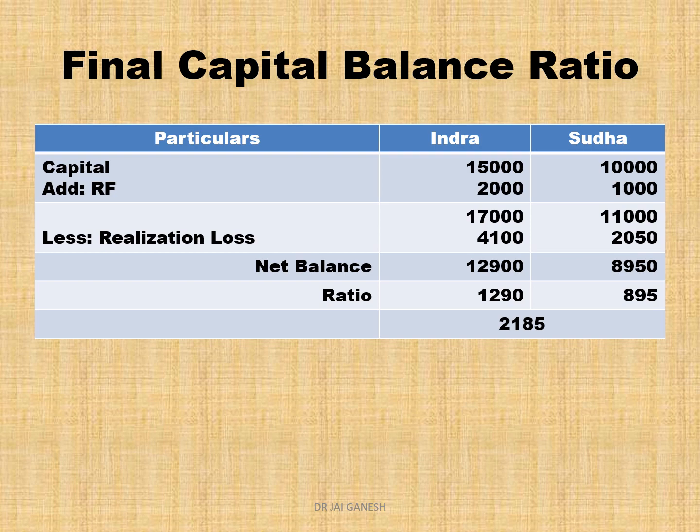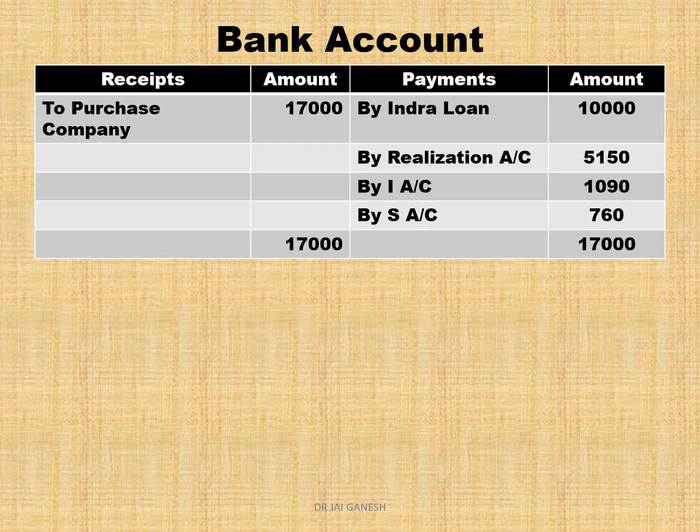Next let us look into the bank account. On the debit side we record receipts, on the credit side we record payments. On the debit side we have only one receipt: cash in the form of PC. PC comes partly as cash, so our receipt is 17,000. Then we should pay Indra's loan 10,000.